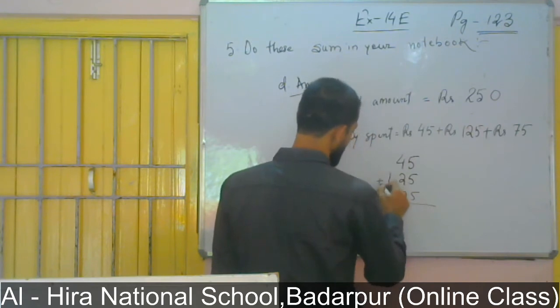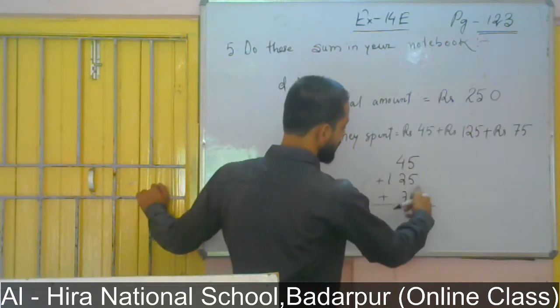Let's see what we get. So we know that 3 5s are what? 5, 5, 5.